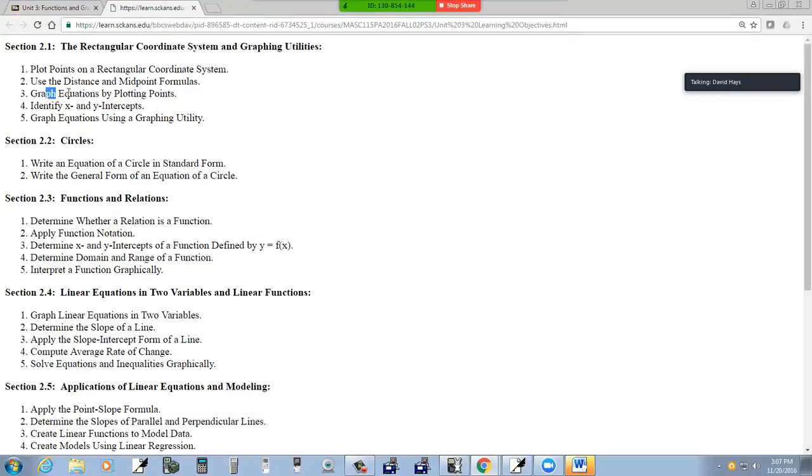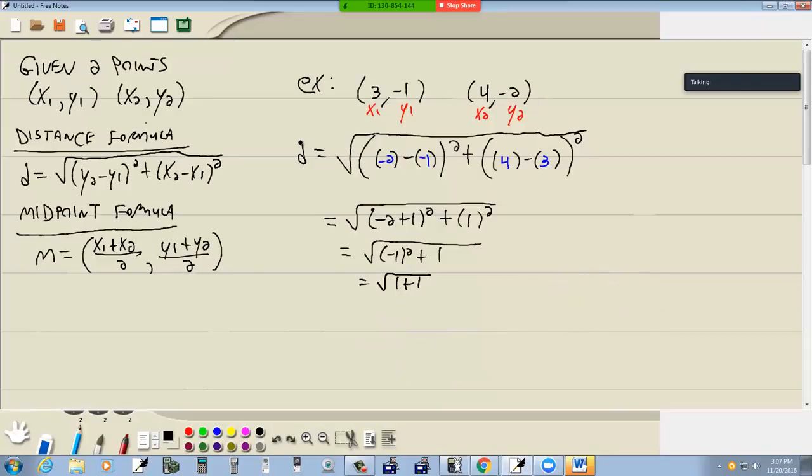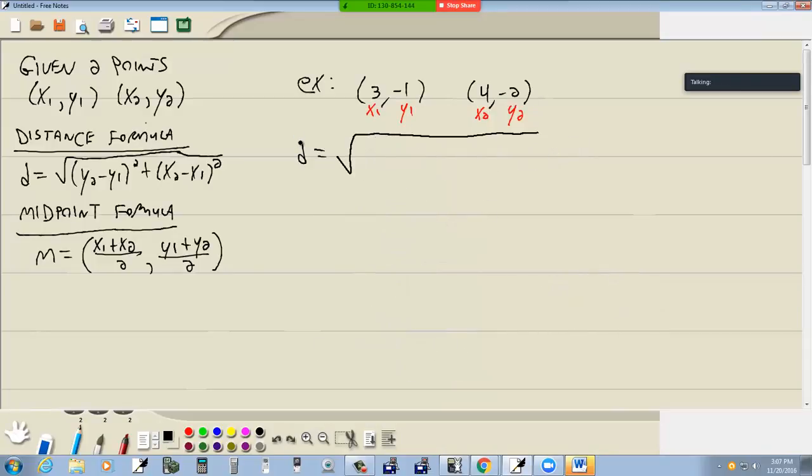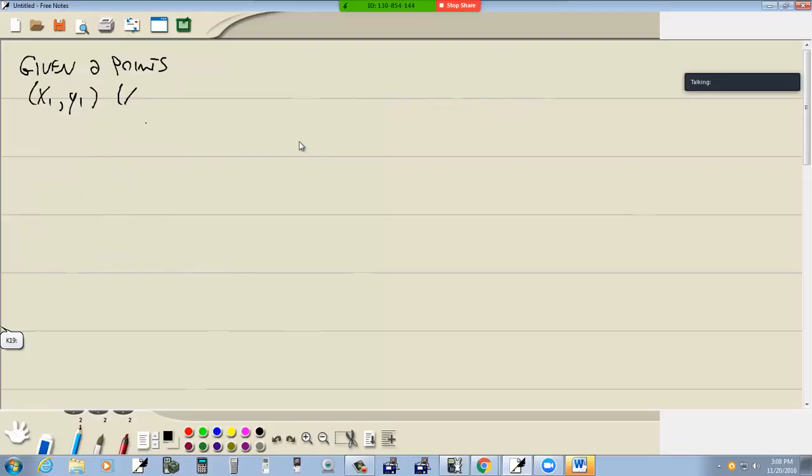Now, next topic is graphing equations by plotting points. Let me clear this off. Let's say I have y is equal to x squared minus 3.